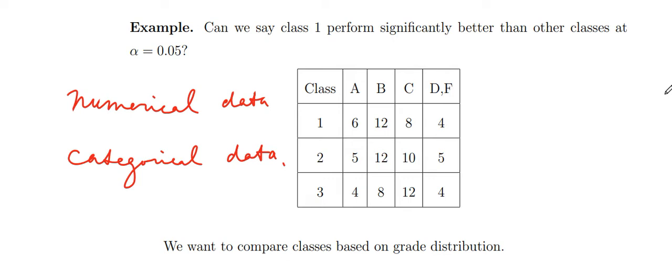Once I give you this chi-square value, you should be able to determine whether it is a big or small number. If this number is small, we say the difference is not significant. If it is big, we say the difference is big.